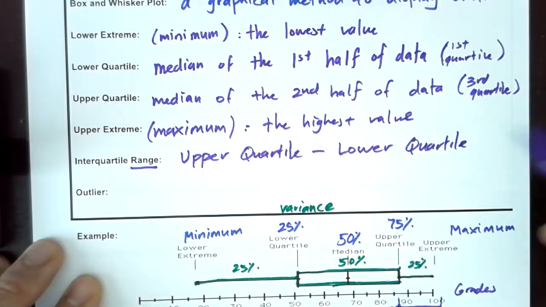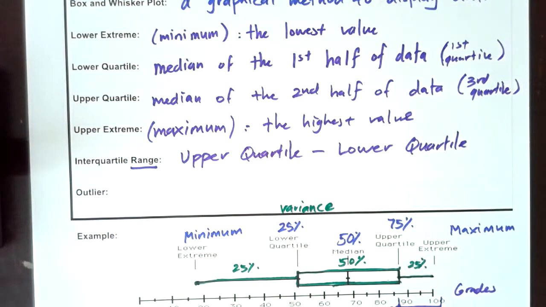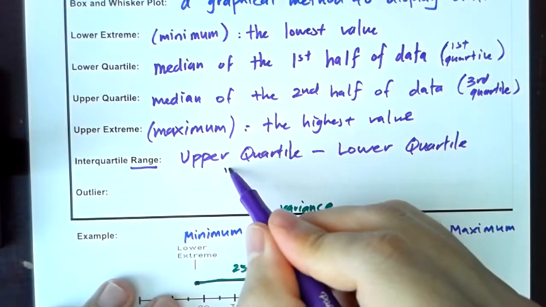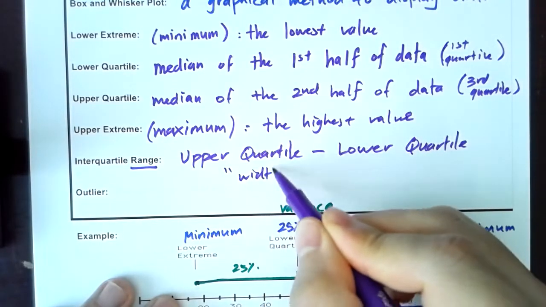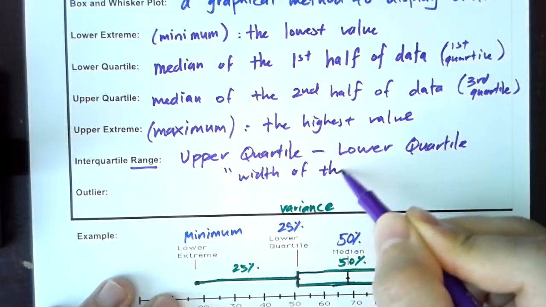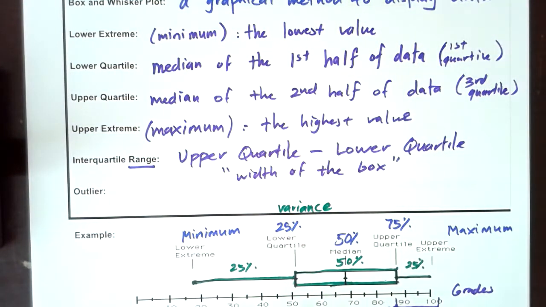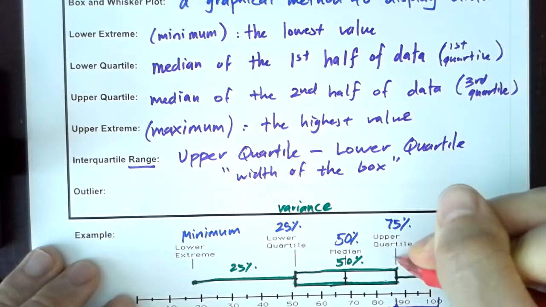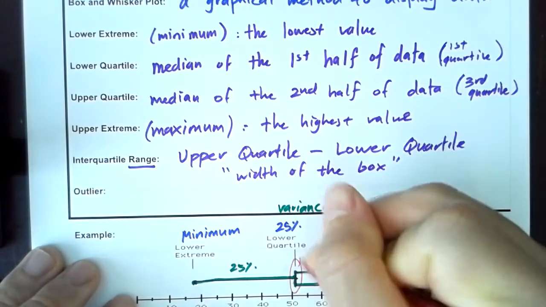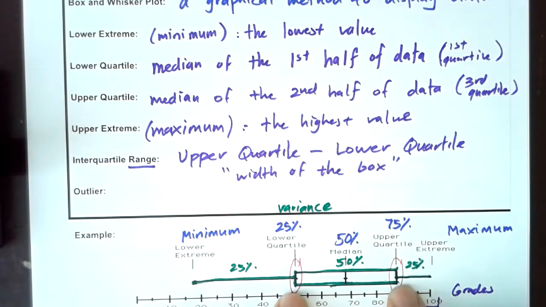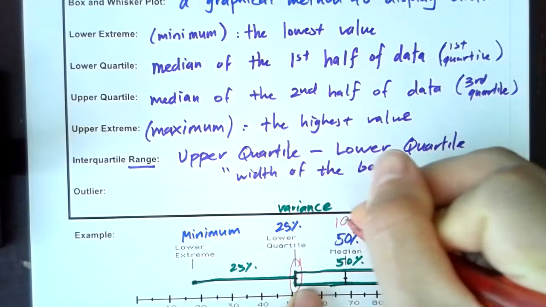Essentially, class, this is the width of your box. You can see the outer edge of the box is basically this number right here minus this number. That's your width. And this is basically the interquartile range, IQR.